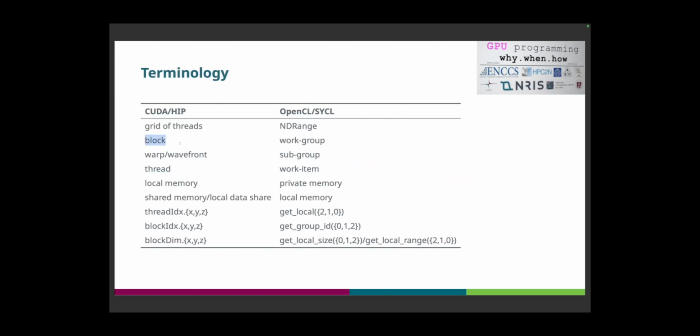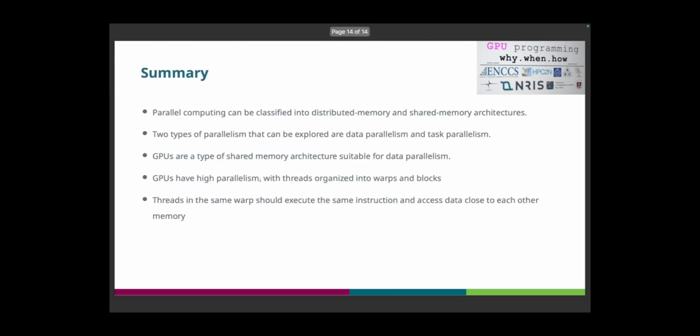When threads are grouped in blocks, in SYCL they are called work group. We also have in OpenACC gangs. In OpenMP we have teams. Then we have this very important concept of warp. It's called subgroup, and so on.